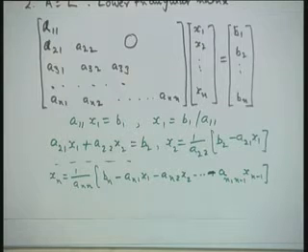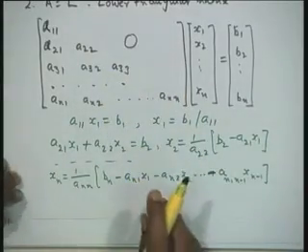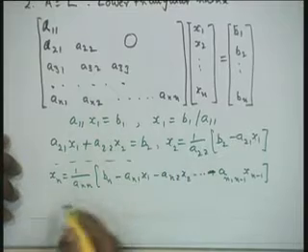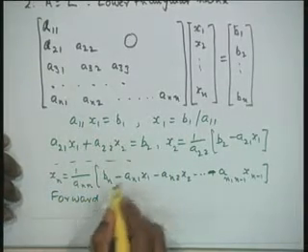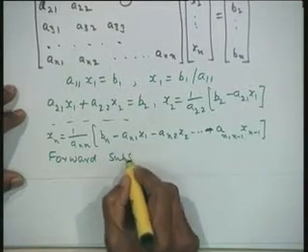Therefore, in this case also we are able to solve the system without any computation, except that we start with the first variable and then come forward. Therefore, we shall call this a forward substitution method.